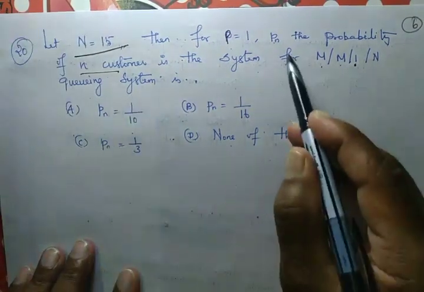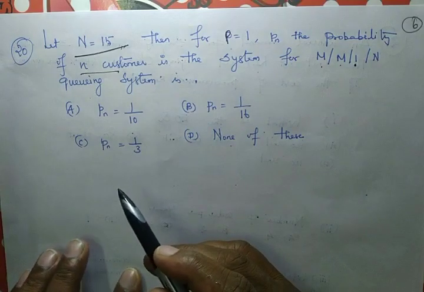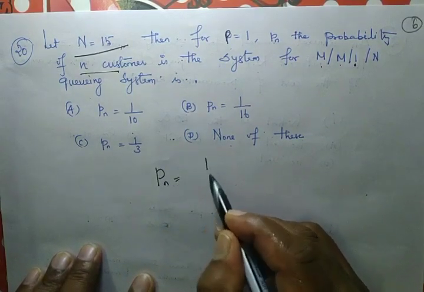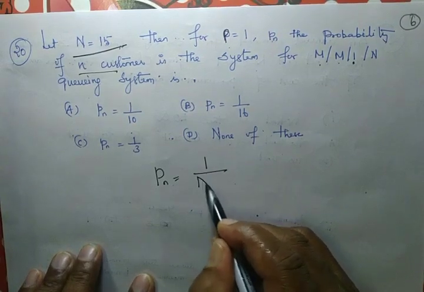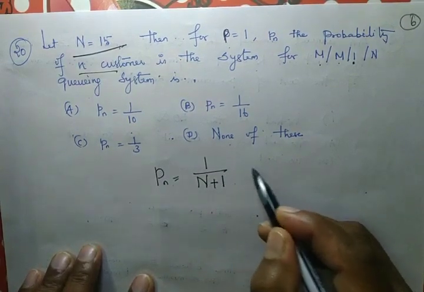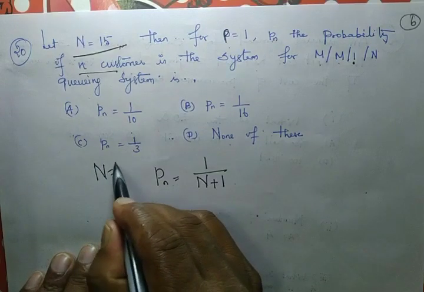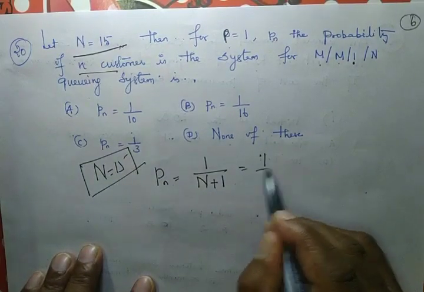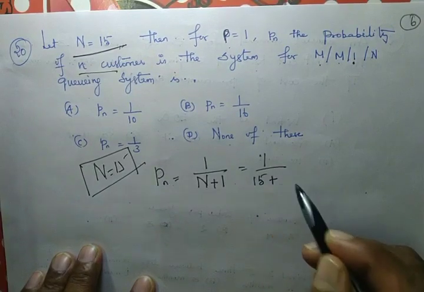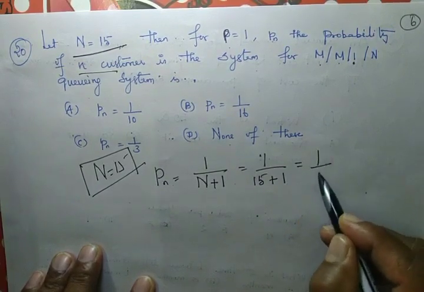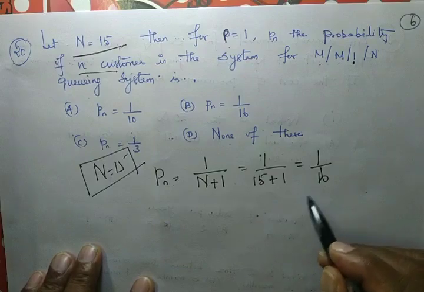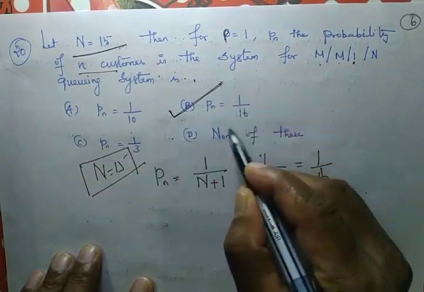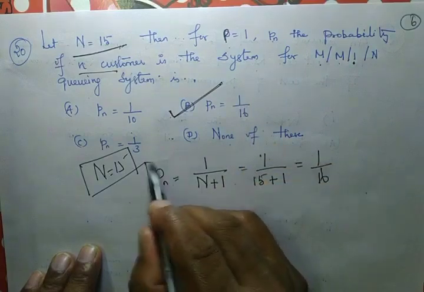The formula is Pn equals 1 by N plus 1. What is the capital N they gave? 15. Therefore it equals 1 by 15 plus 1, that is 1 by 16. So this is the answer. For this given question, option B is the right answer. Pn equals 1 by 16.